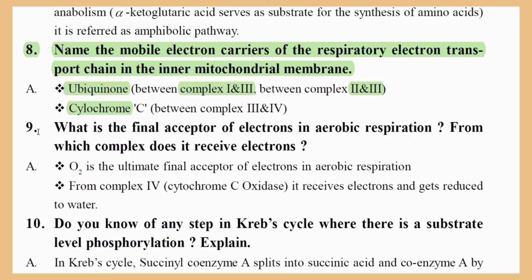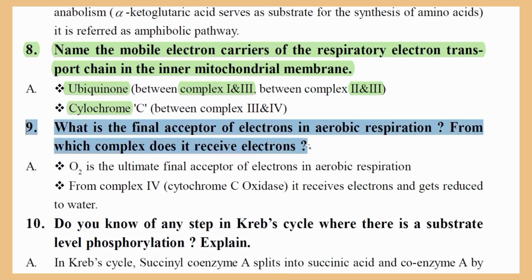And next, go to the 9th question: what is the final acceptor of electrons in aerobic respiration, and from which complex does it receive electrons? After electrons move through the electron acceptors in the electron transport chain, which substance finally takes the electrons?